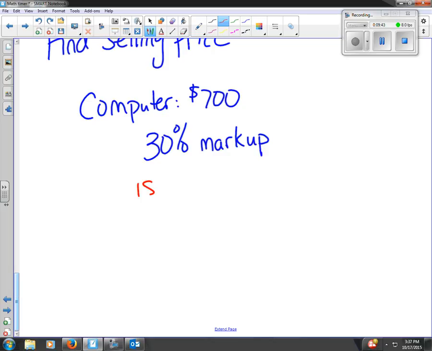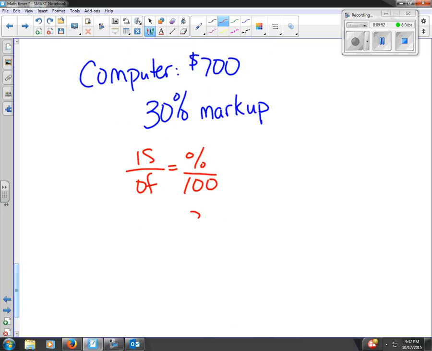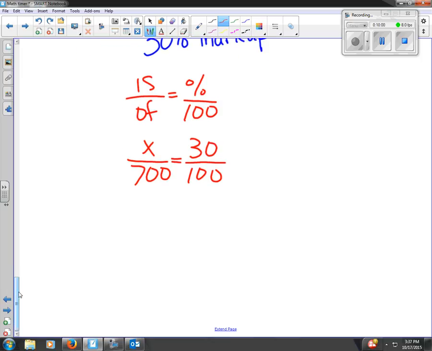You still use is over of equals percent over 100. Now the percent obviously is the 30%, so that's easy. The 700 is going to be your of, and you're looking for the is here. Your markup amount is your is. So let's do that.